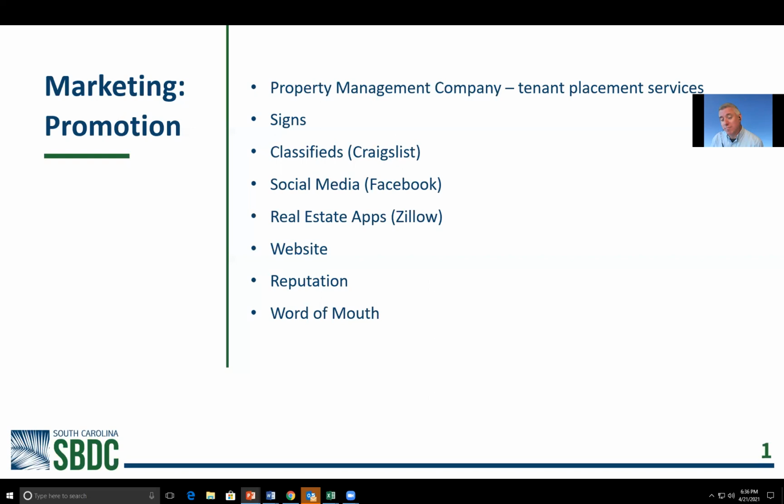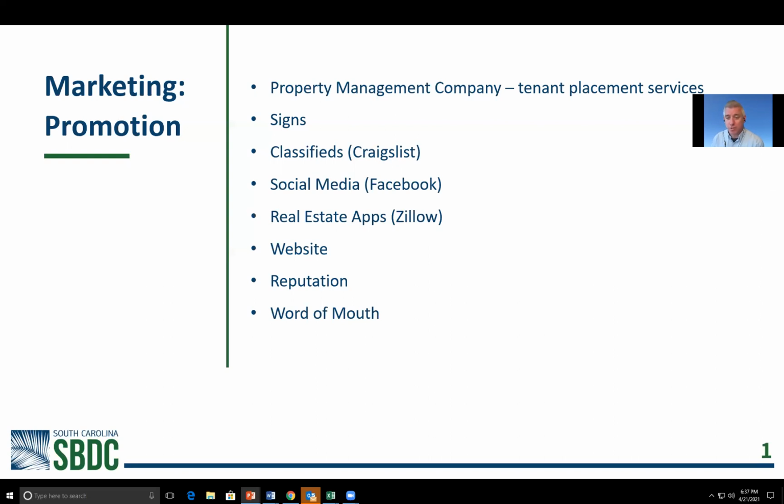It's not very expensive to do a website, and there's probably other ways to do that. There's also property management software that you can buy, which can do these screenings for you and help you with that. But yeah, a website is good, not necessary.